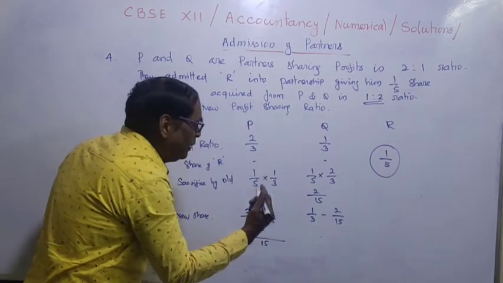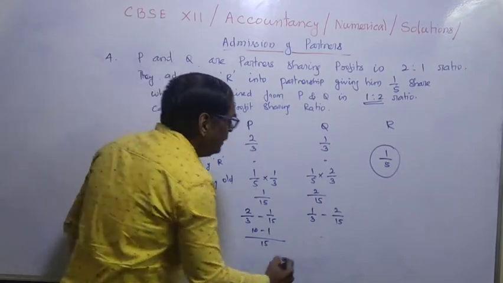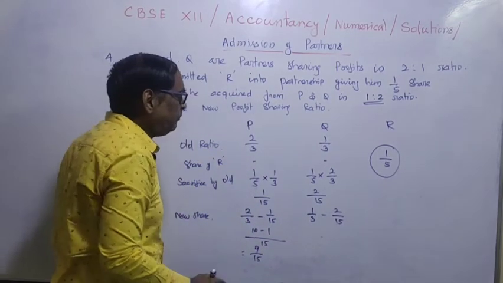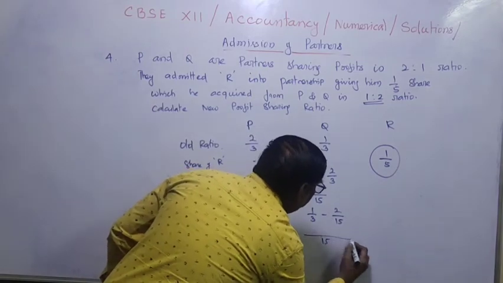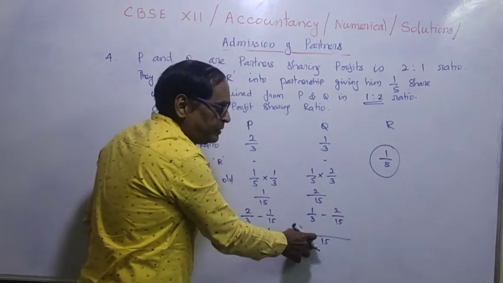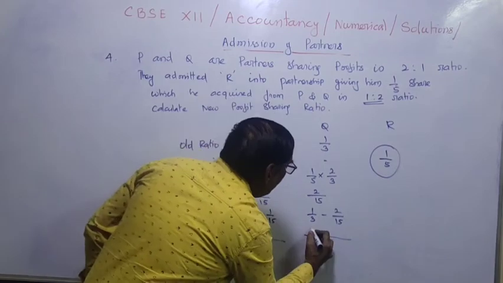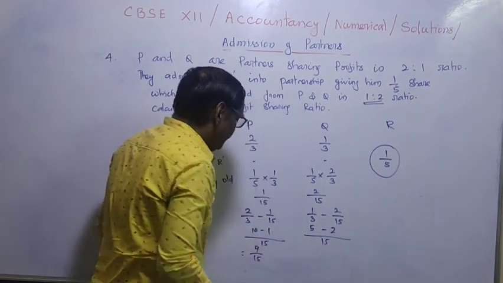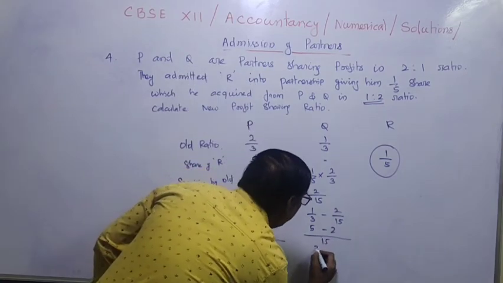Here 15, 15, 1 time, so 1 into 1, 1. So 9 by 15. Here LCM 15, 3, 5 times, so 5 minus 2, 3 by 15.